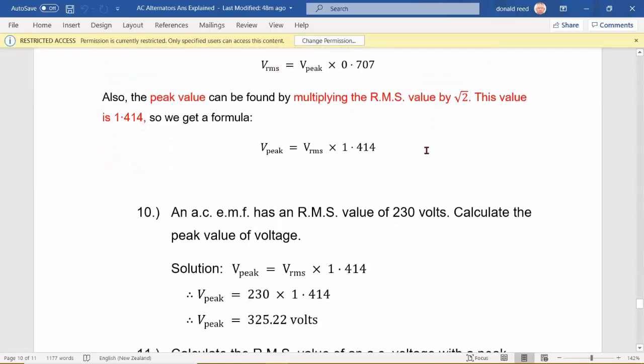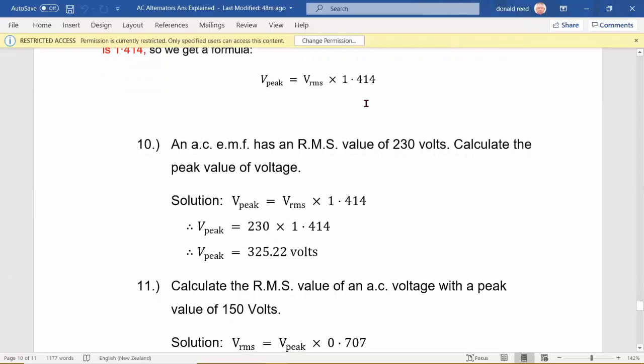So let's look at question 10. An AC EMF has an RMS value of 230 volts. Calculate the peak value of voltage. So we're looking for peak. 230 volts coming out at the wall.